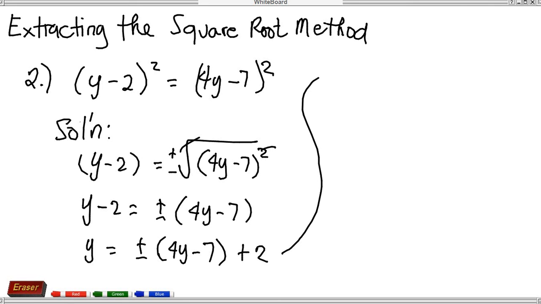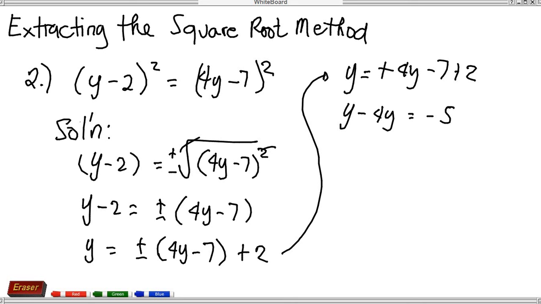The next thing we're going to do: y = +4y − 7 + 2. So transpose the other y to the other side. So we will have y − 4y = −7 + 2, that will give us negative 5.